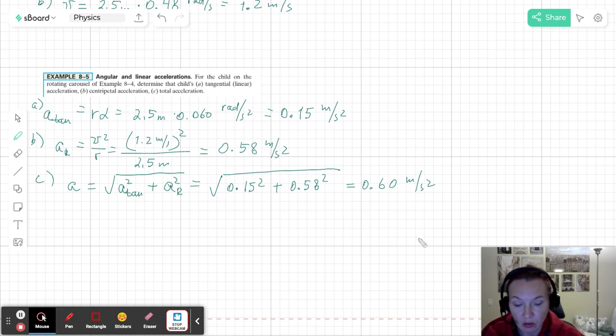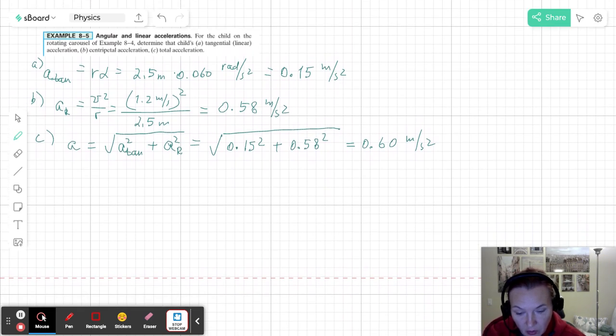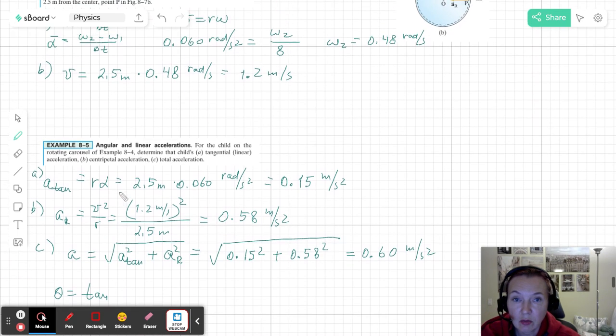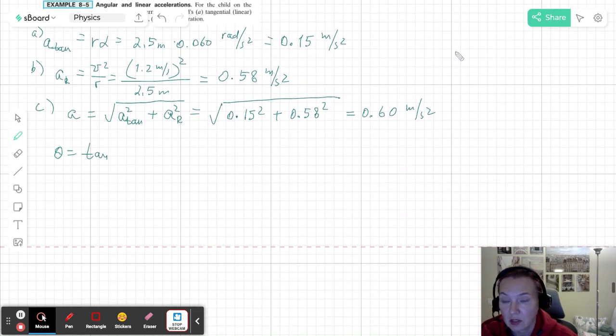So you can see that all of those have different values. We can also figure out the direction of linear acceleration, and that is going to be determined by the angle theta. From the diagram, we can see that it will have to be the tangent of our tangential acceleration over radial acceleration, right? So that's our angle theta. We can see it here.